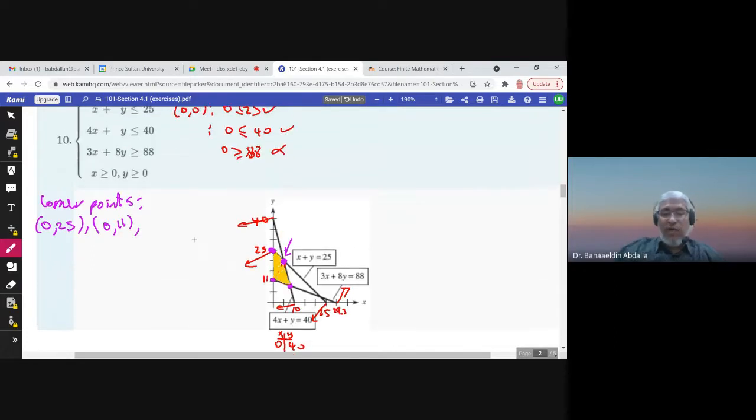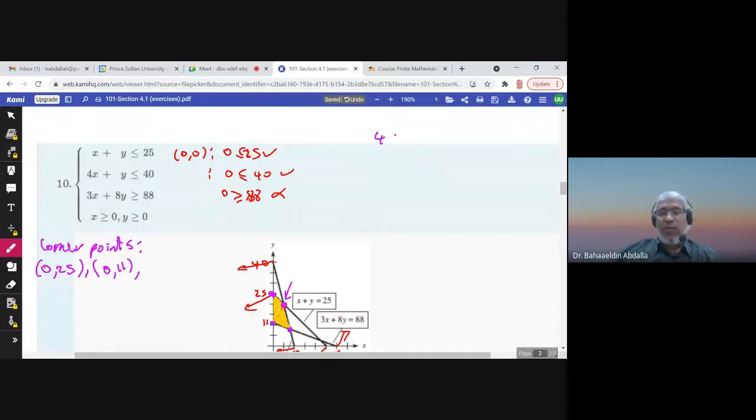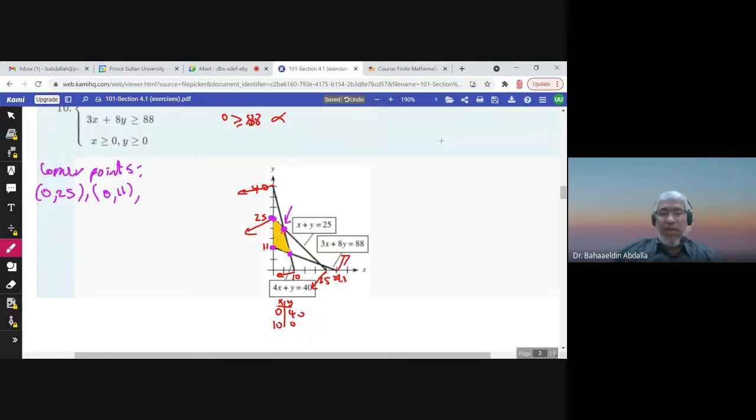Well, how to find this intersection point? What are the two lines? This line, which is 4x plus y equals 40, is one of them. And what is the other line?